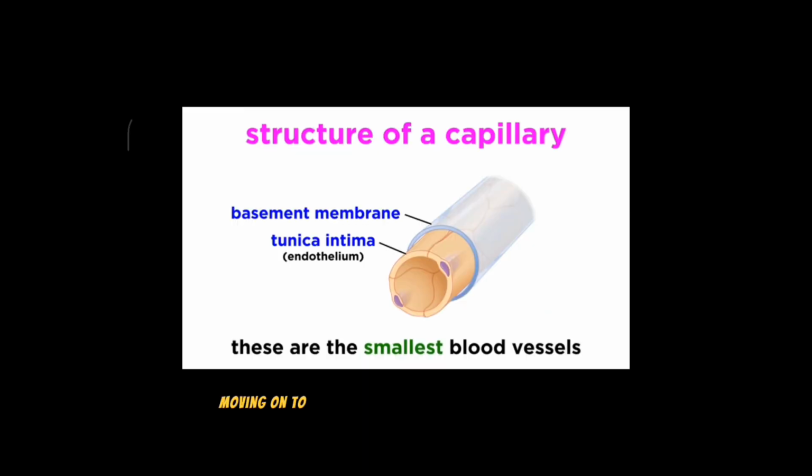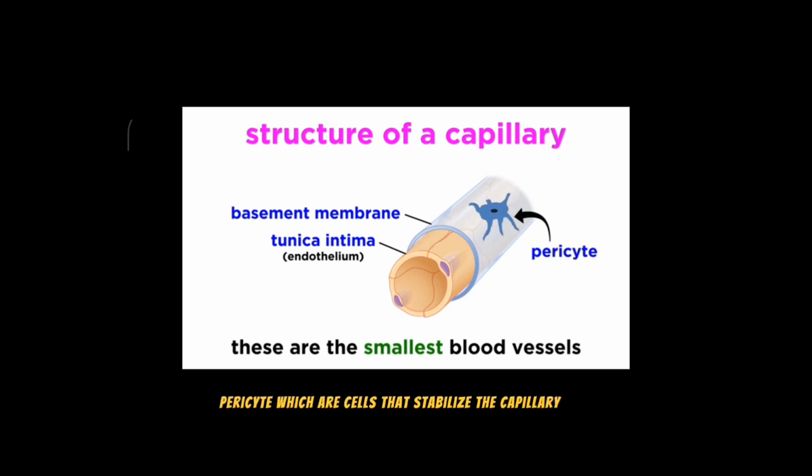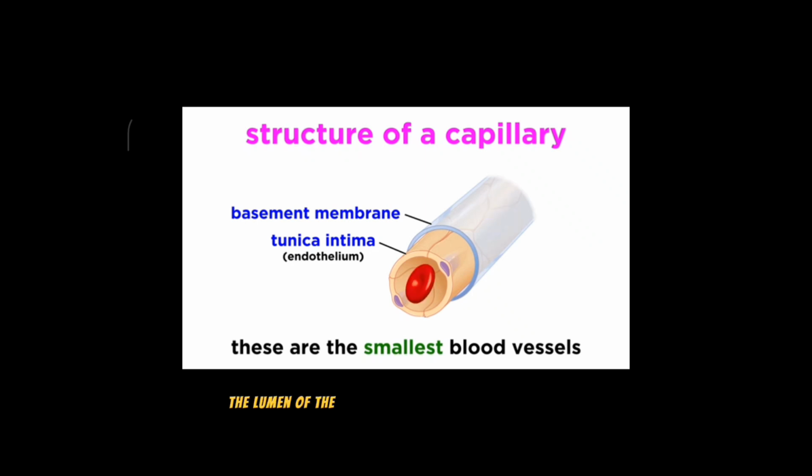Moving on to capillaries, these are the smallest blood vessels as we said. These have just a thin tunica intima, sometimes just one cell thick, often adorned with pericytes, which are cells that stabilize the capillary wall. The lumen of the capillary is very small, just small enough for red blood cells to fit through in single file.